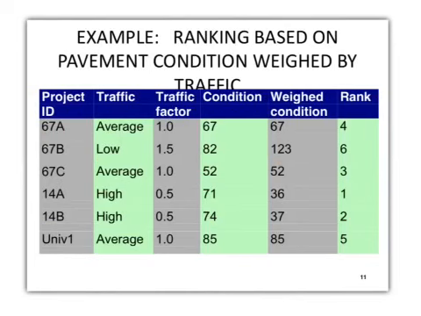As you could remember, when we just used the pavement condition, 67A and 67C were ranked 1 and 2, and now they are 3 and 4 once we include the traffic with the pavement condition.